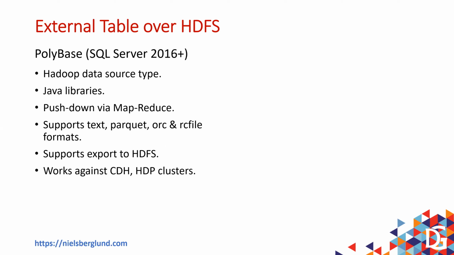So now, on Tuesday in the session, we said that we are exposing remote data through external tables, through Polybase external tables. And in Polybase 2016 and 2017, for Hadoop data, we had an explicit Hadoop data source type.